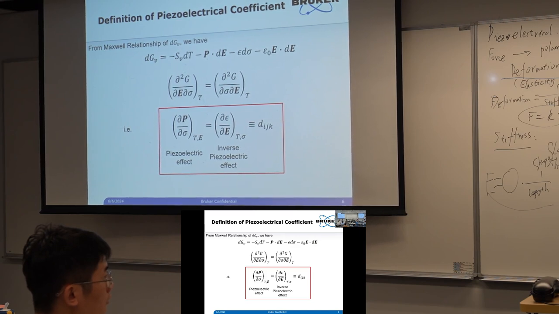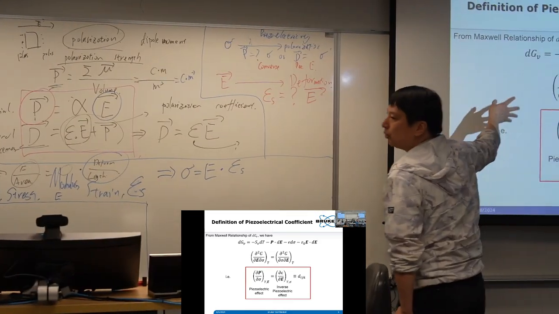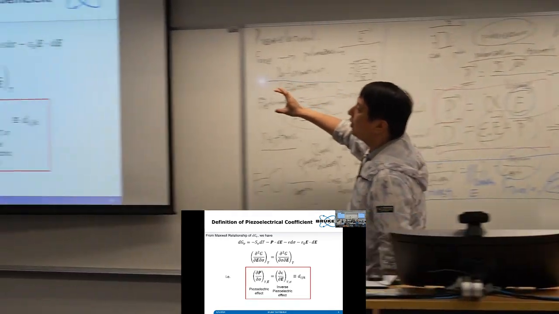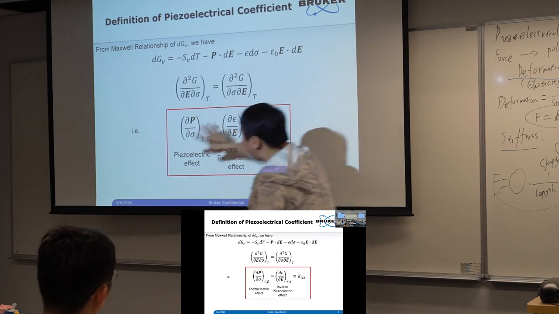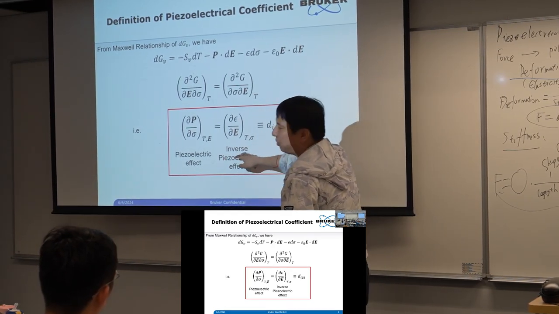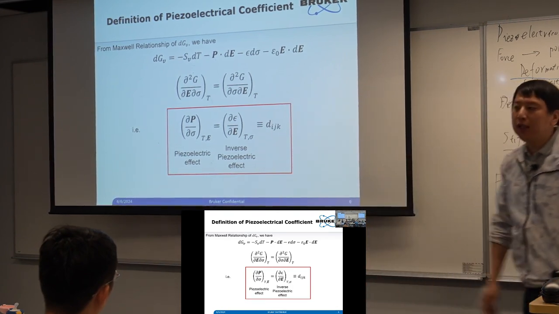What's the strain over electric field? That's the converse piezoelectricity. So this equation tells us that the piezoelectricity and the converse piezoelectricity fully equal each other.